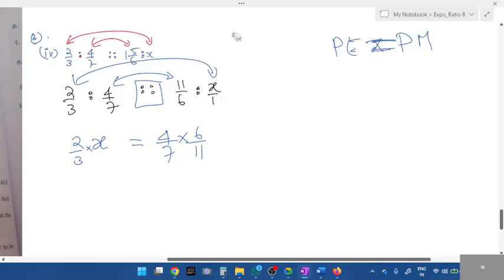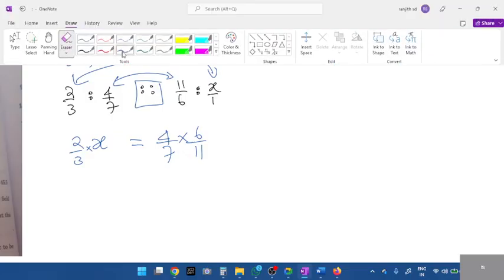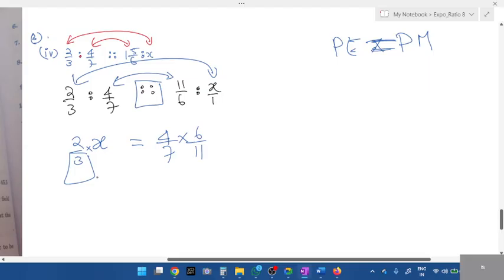If we need to find the value of x, what happens to 3, students? It's in the denominator. If it goes to the other side, it becomes... Then what about 2? It goes to the denominator. Is this clear? Understood?